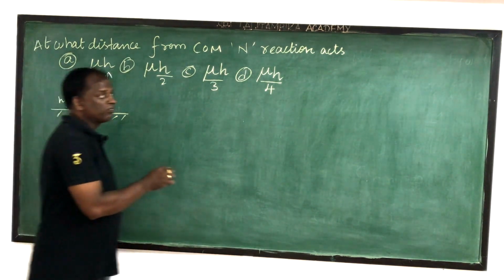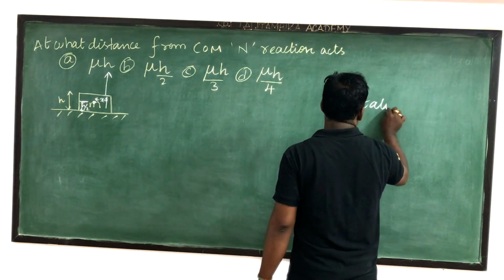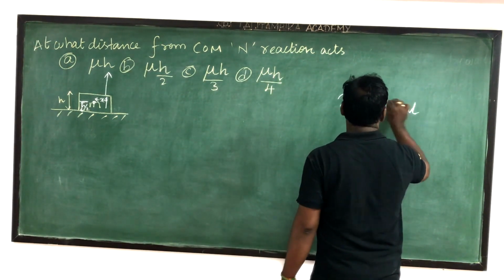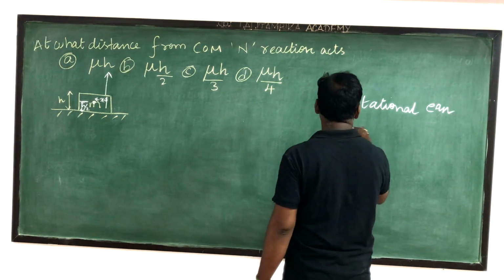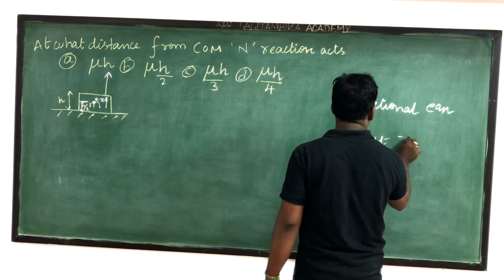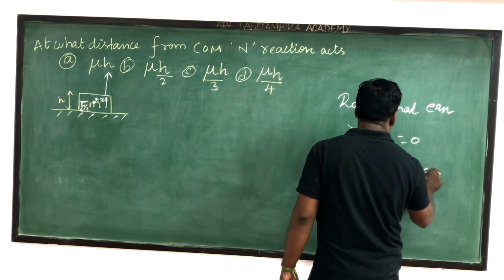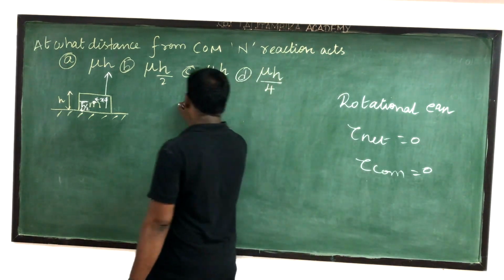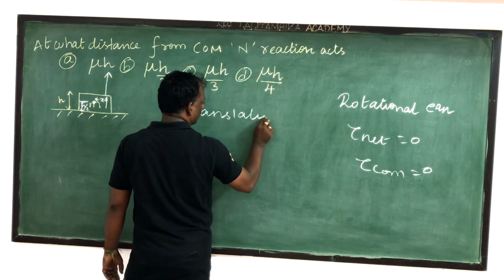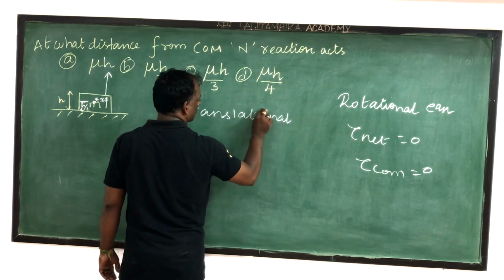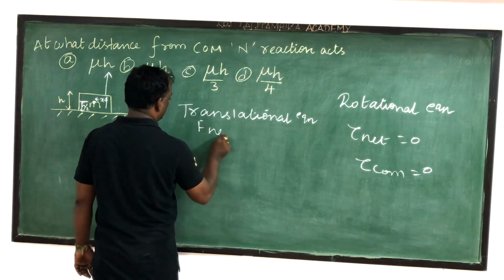So in terms of rotational, what do they tell us? In the rotational equation, the net torque acting is equal to 0, or the total torque about the center of mass is equal to 0. Whereas in the translational equation, F net is equal to 0.